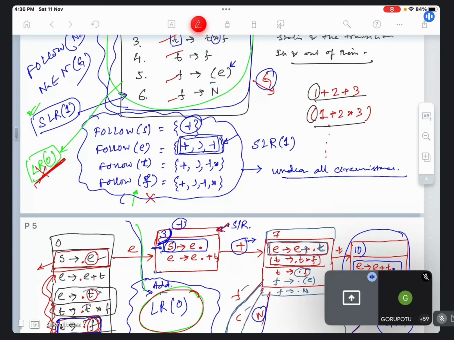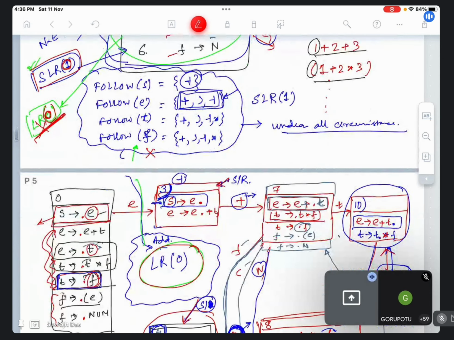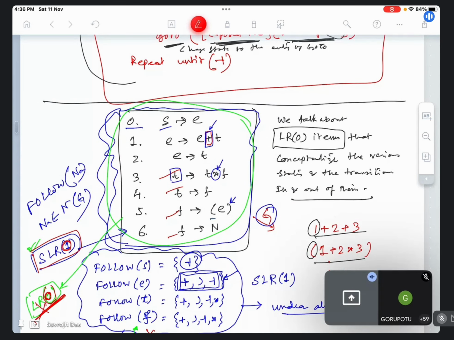To solve conflicts, you need to have one symbol of look ahead. No look ahead is not going to help you. So you want an implementation with one symbol of look ahead, and that is termed simple LR grammars, and that is called SLR1 grammar. Got it? So in this example, this grammar is an SLR1 grammar. This grammar is not an LR0 grammar.